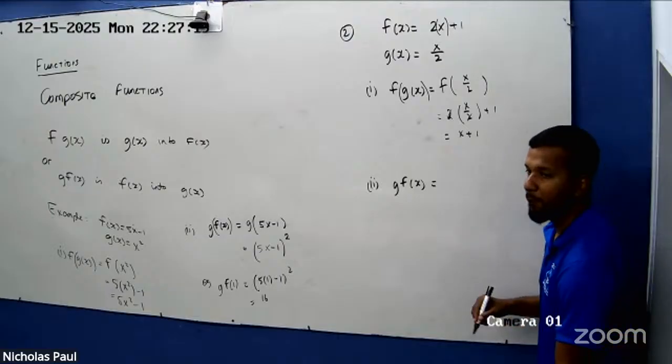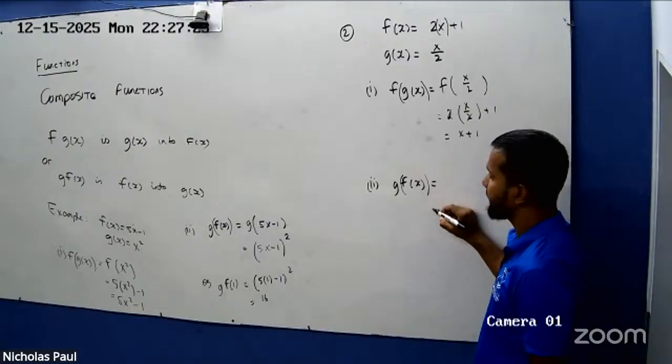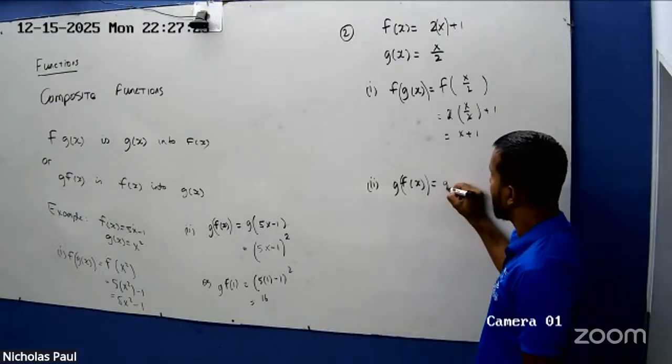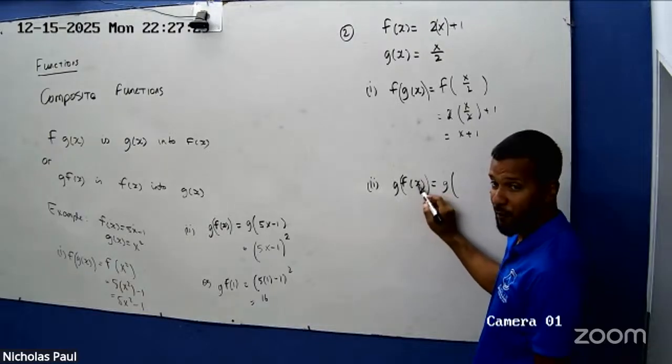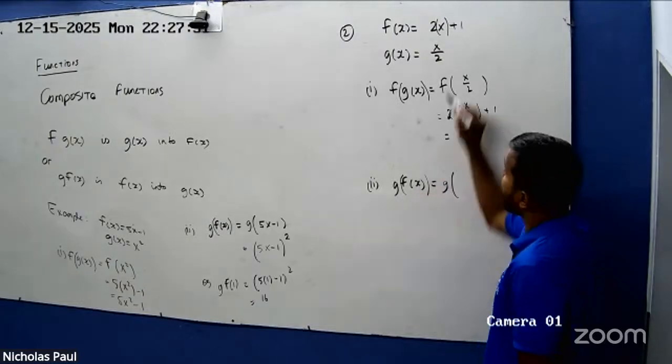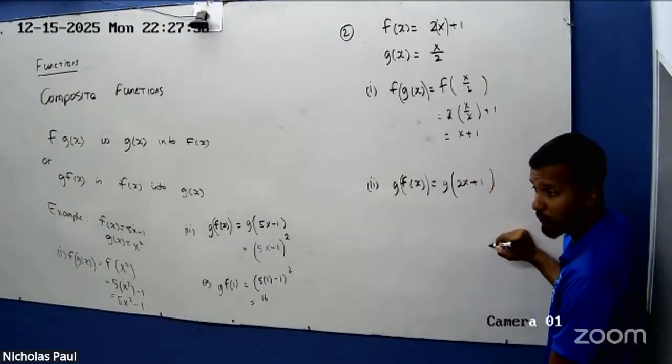Right? First step is what? First step is to put a bracket around f of x. Right? Second step is what? To write what is f of x, right? f of x is 2x plus 1. What's the next step?